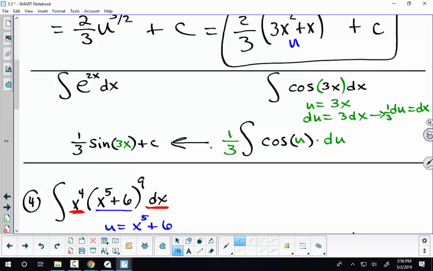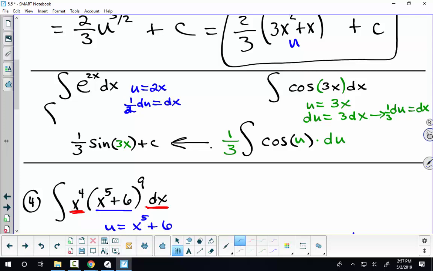The one involving e, depending on the function you're dealing with, is going to affect how the substituted integral looks. So here with e^(2x), I would let u be 2x. It's the same thing. 1/2 times du is dx.